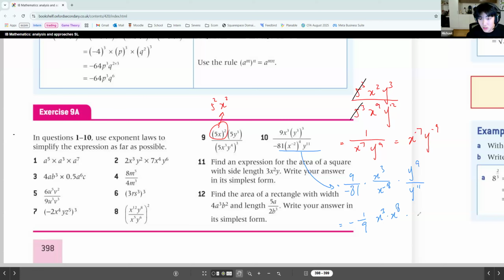And the last one is 1 over y squared. Put it together, we have -x^11 over 9y squared. And we can also write this without a fraction, x^11, y^-2. Since we have 1 over 9, we already have a fraction here. Adriana, is that what you have? I believe it is.